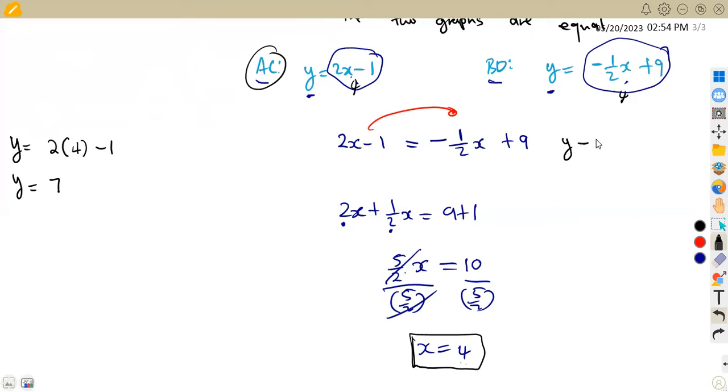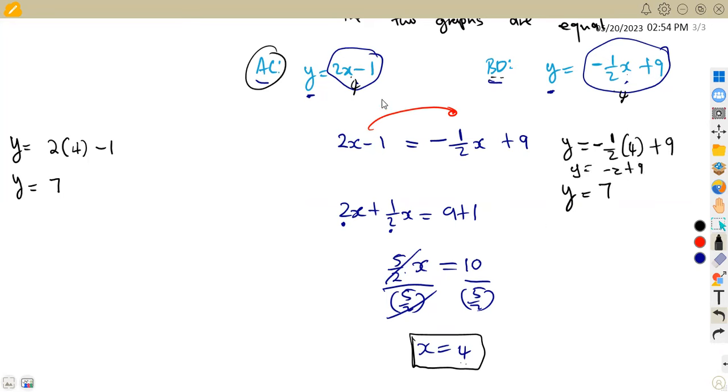which was the same thing also if we substituted into the equation of BD, where y is equal to minus half x plus 9, and our x is equivalent to 4. So this is going to give us the same value of y, which is a 7. This is going to be negative 2 plus 9, which is a positive 7.